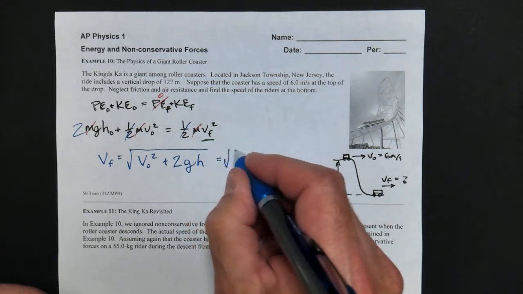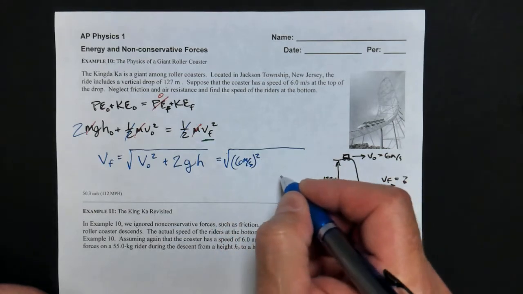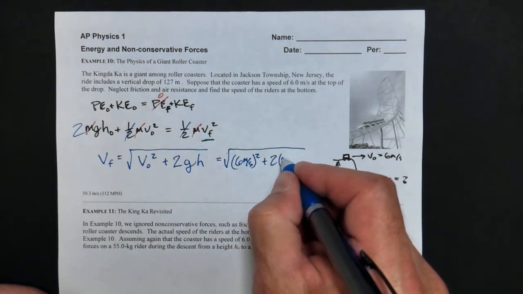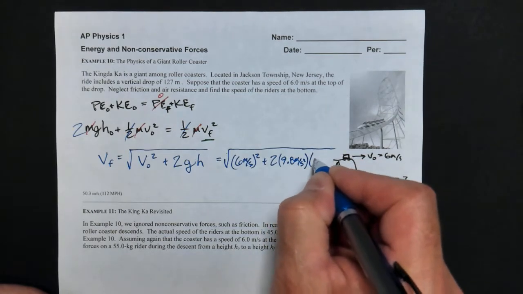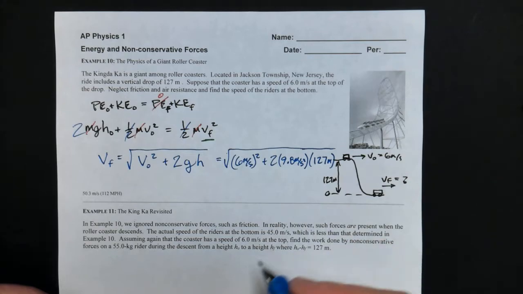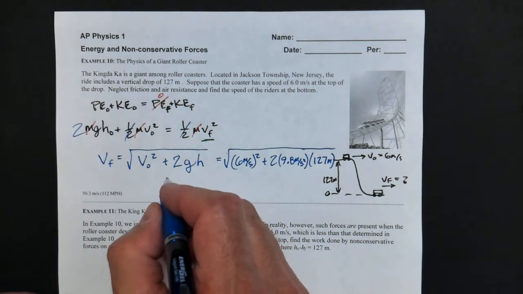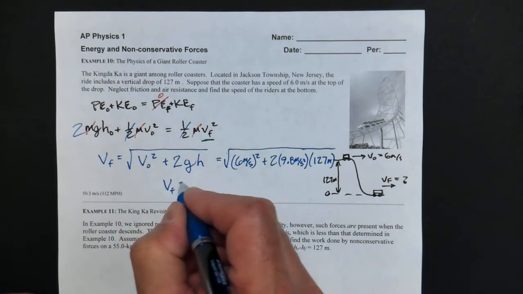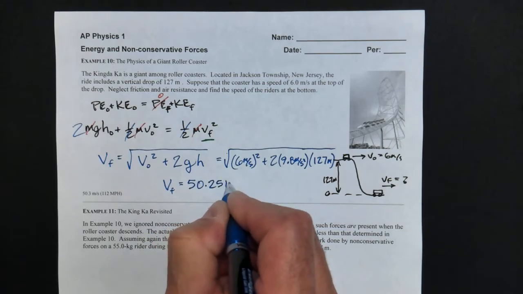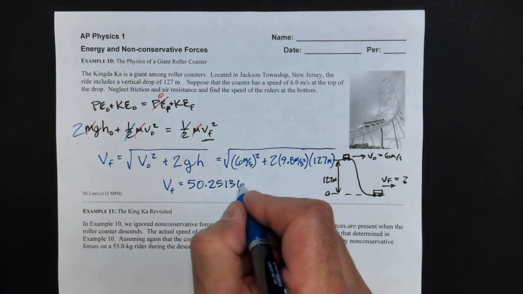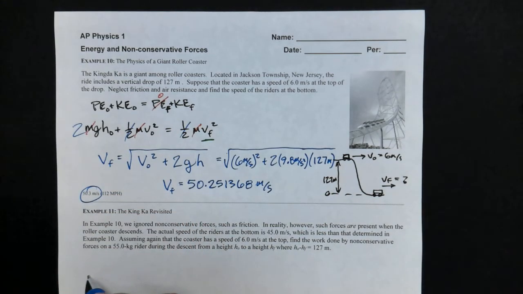We have 6 meters per second, squared, for v0 squared, plus 2 times 9.8 meters per second squared for g times 127 meters as the height above the reference point. When we do the chugging, we end up with vf equals 50.251368, if you want to take it all the way, meters per second, and that checks out to 50.3 meters per second.